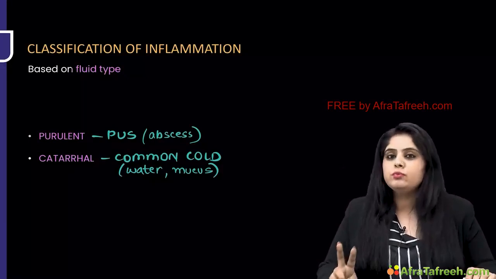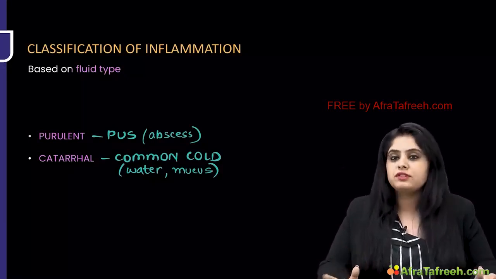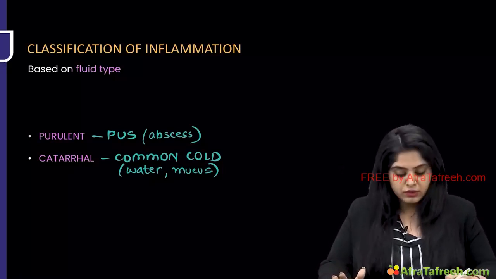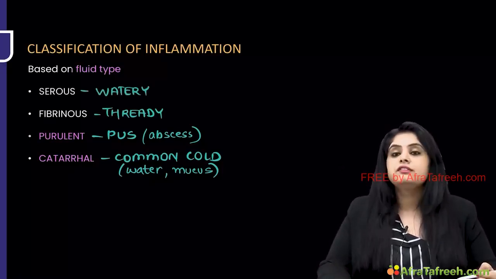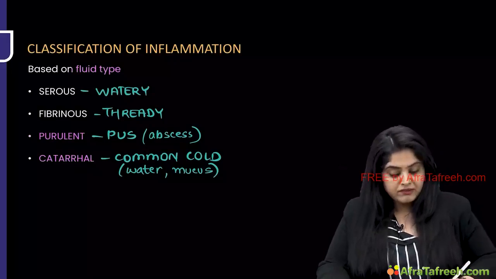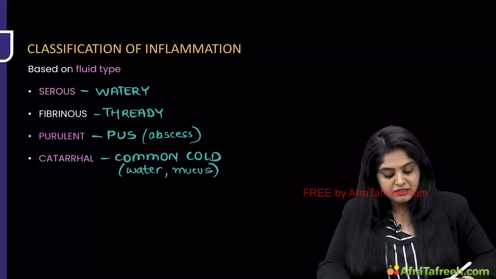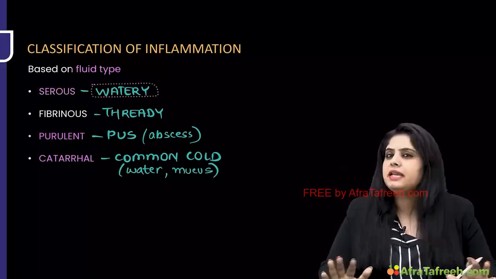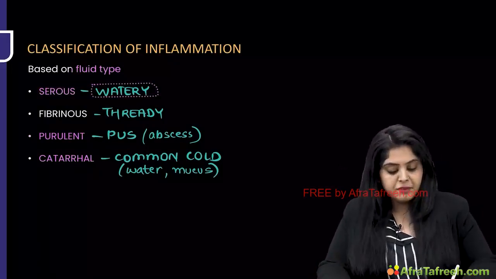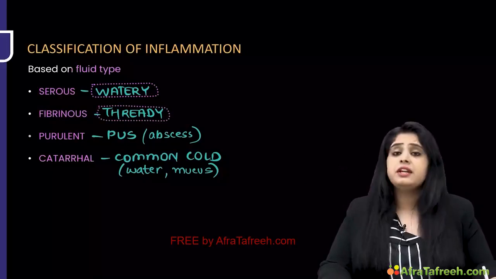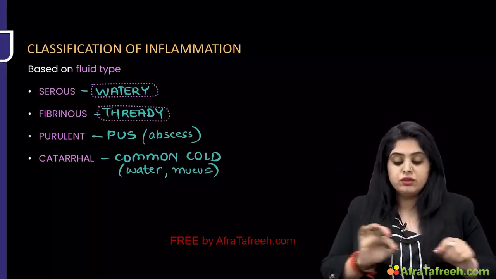Then I'll tell you two more inflammations which you might not have studied or experienced yourself, but you will definitely see in your medical profession. Those are serous and fibrinous. When we say serous inflammation, it means it is very watery, just plain like water. And when I say fibrinous inflammation, that means it's very thready, meaning stringy.